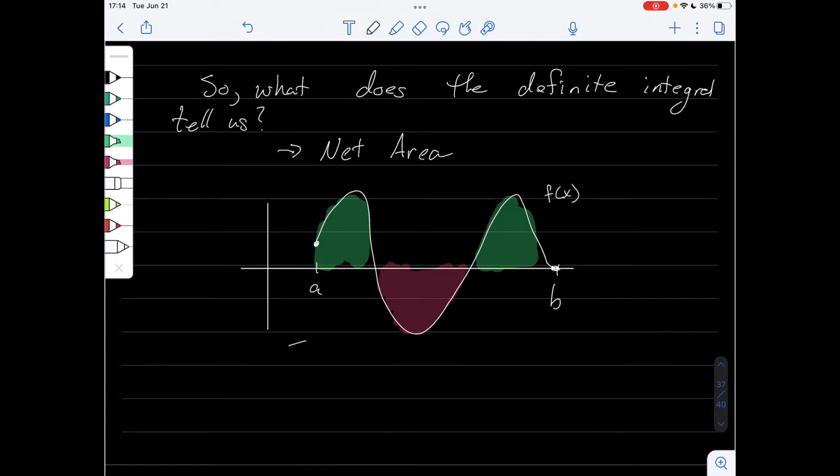So the total area, to reiterate, is going to be the greens minus the reds. Okay.